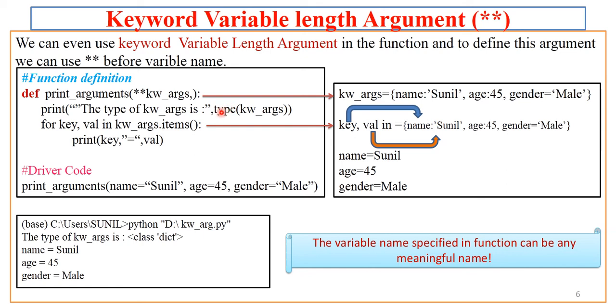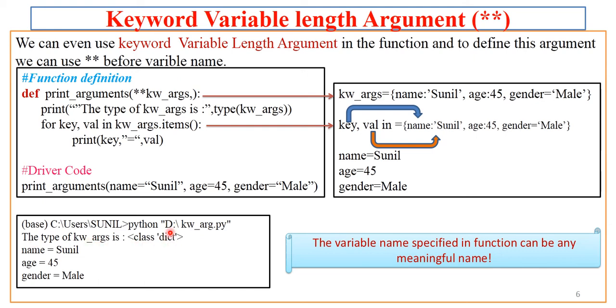I have already specified in the print statement type of kw_args. In the actual execution, I have saved this program as kw_args.py, and if I execute it, the first print statement shows the type of kw_args is class dict.